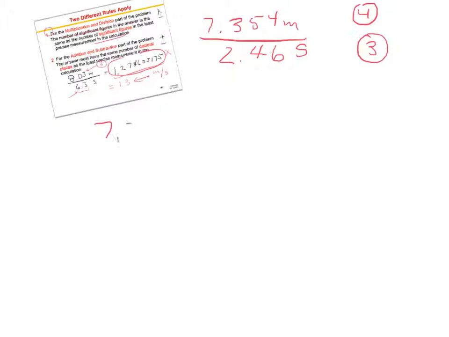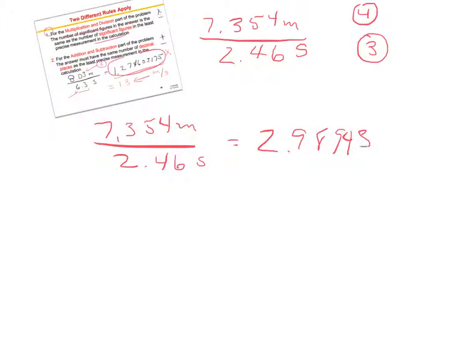So when we divide this out and put this in for our homework or on a test, put this into our calculator, 7.354 divided by 2.46, we get 2.989430894.